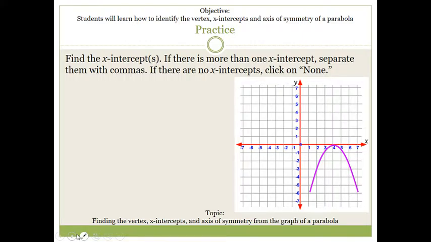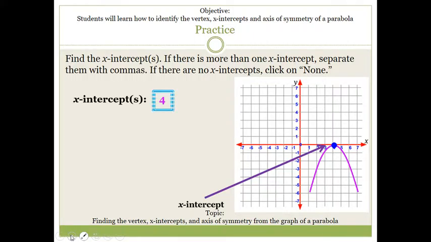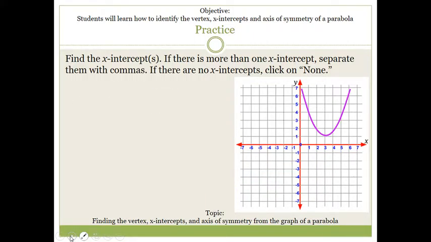Alright, so let's take a look at this parabola. Alright, so what is the x-intercept, or remember, solution, or zeros, or root? That's right, you can see that that happens roughly right here at 4. What are the x-intercepts for this parabola?